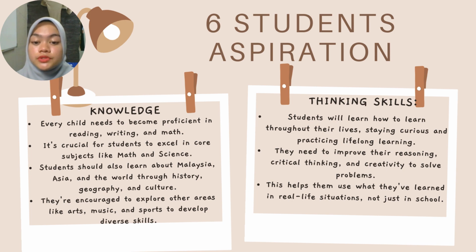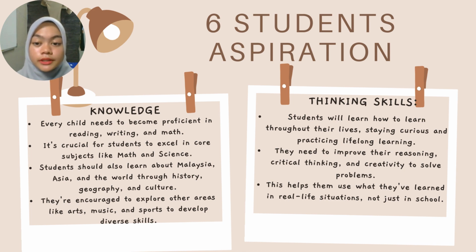It's crucial for students to excel in core subjects like math and also science. Students should also learn about Malaysia, Asia, and the world through history, geography, and culture. They are encouraged to explore other areas like arts, music, and sports to develop diverse skills.